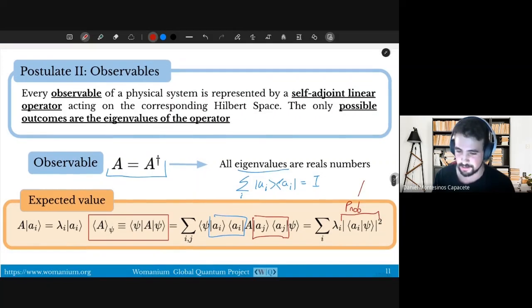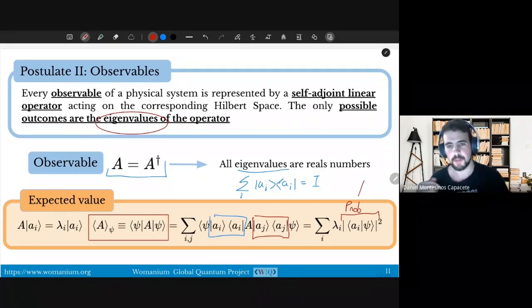I think this was in the next slide, but when you measure, the observable is represented by a self-adjoint linear operator. But what are the possible outcomes of your linear operator? They are the eigenvalues, right? For example, in the spin up and down example, we were getting either up or down, and the eigenvalues were +1 and -1.